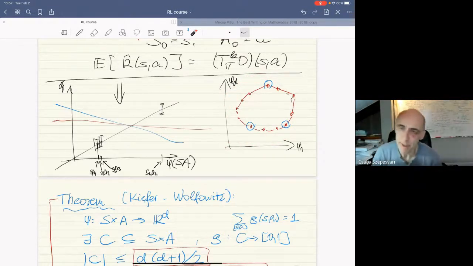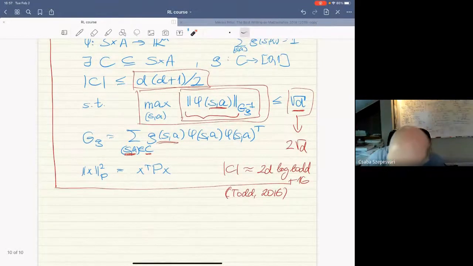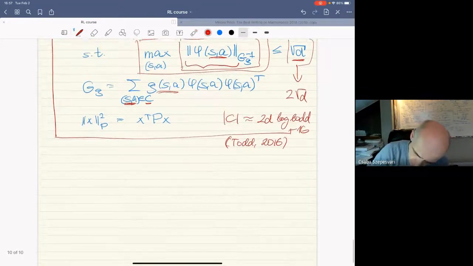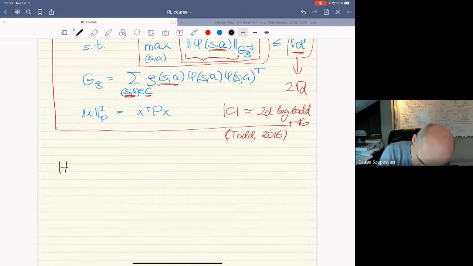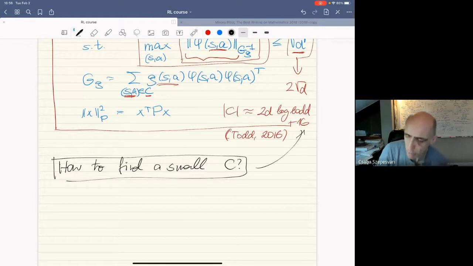So how are we going to find these points without enumerating all state action pairs? So that's the question of how to find a small C, which has these properties that the blow-up factor is not too big and so on and so forth.